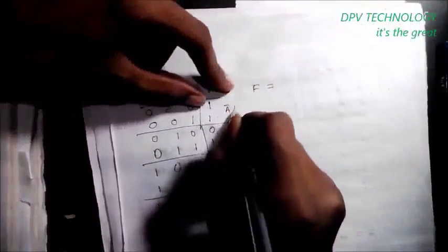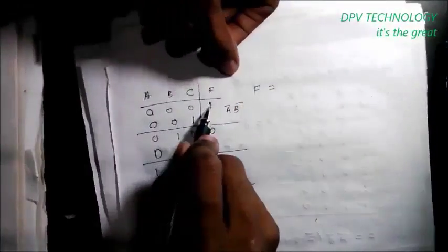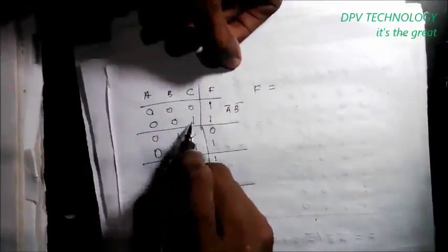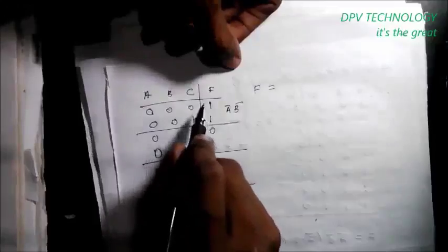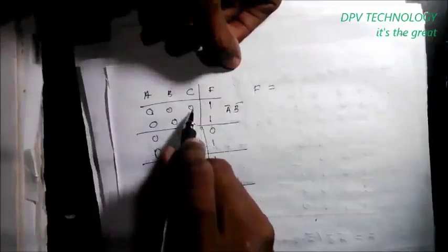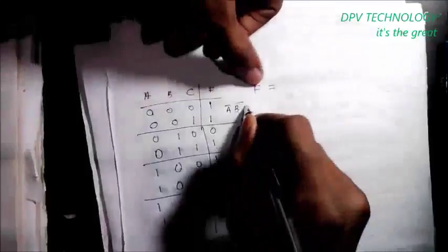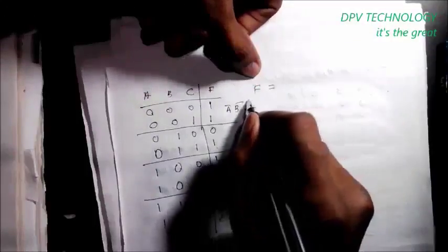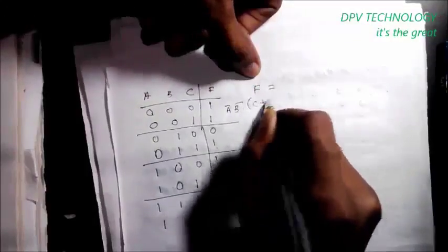So here you can see that we first write A bar B bar. When C is 0, F is 1, and when C is 1, F is 1, that is, F is always 1 whether C is 0 or 1. So you put directly 1, instead of C or C bar.